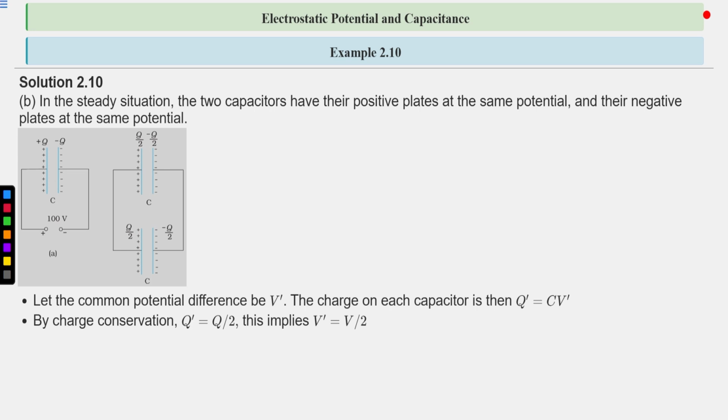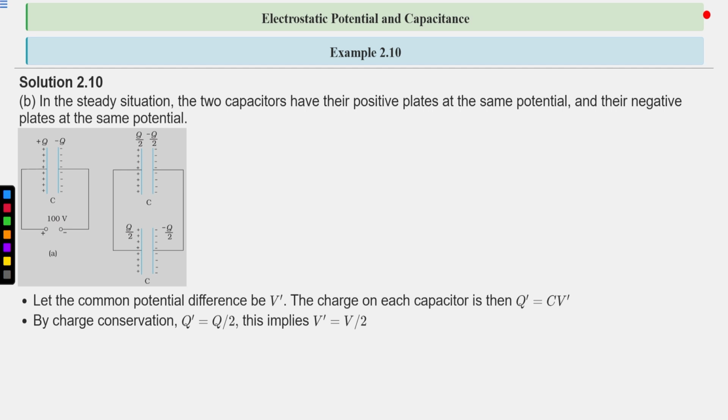By charge conservation, charge Q will remain conserved. Initially this is charged with Q charge and this is uncharged. Since both the capacitors are of the same capacitance, this charge will transfer to this capacitor.